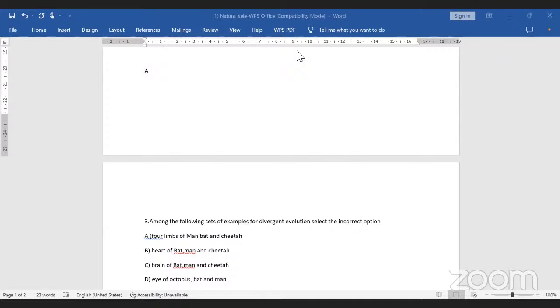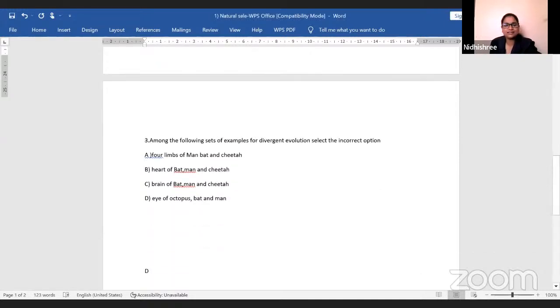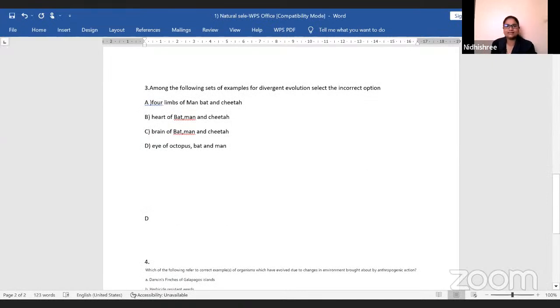Option D, ma'am. I saw the message of Shanti first, and I request no answers through mic. Okay, let us check the answer. Option D is the right answer, but Shanti gave option A. Who gave after Shanti? Yes, Harshita, option D. Option D is the right answer.